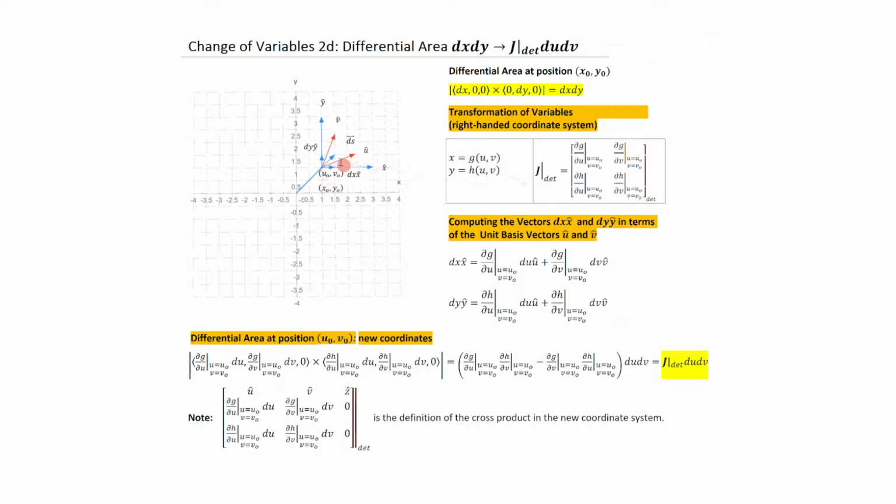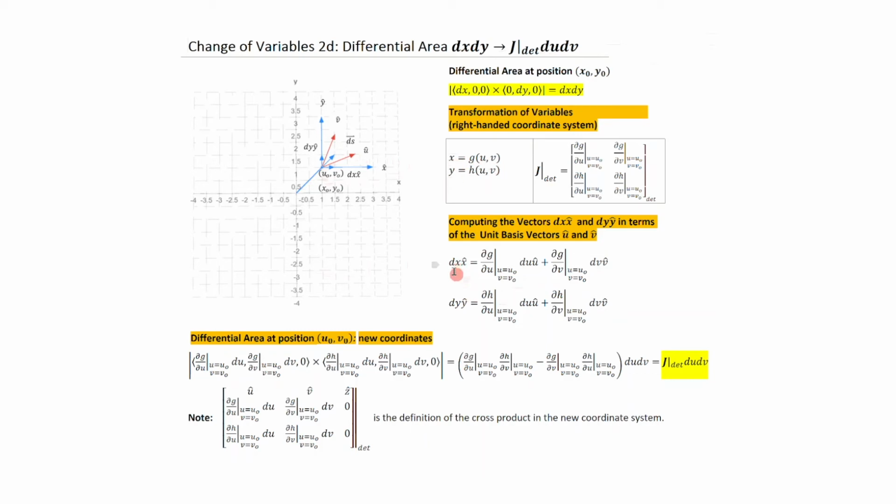All right, so in effect, what we can say is that if you're given the dx x hat, you can also write that as a linear combination of the u hat and v hat vectors. But how do you do that? Well, you do a first order linear approximation of these functions using a Taylor expansion. So the delta x becomes the dx.